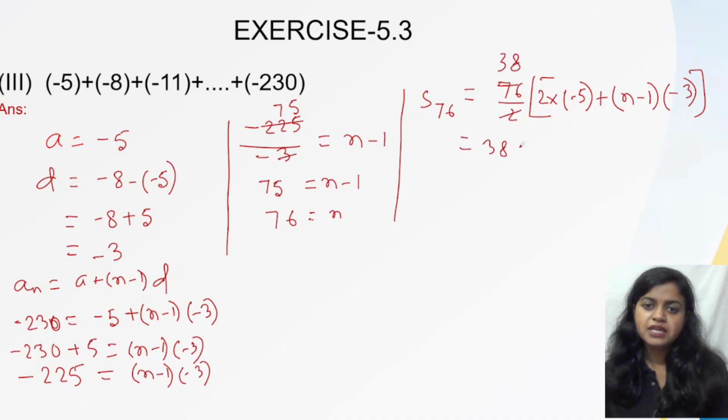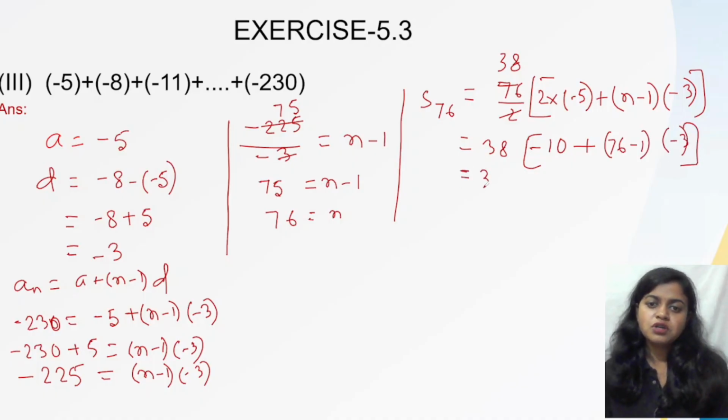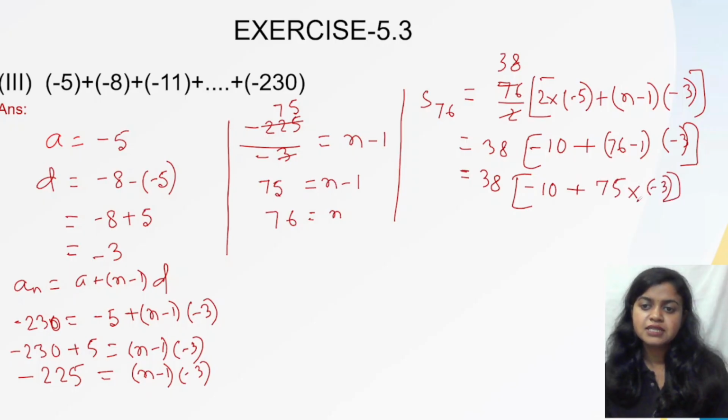So 38 into (minus 10 plus (76 minus 1) into minus 3), that is 75 into minus 3.